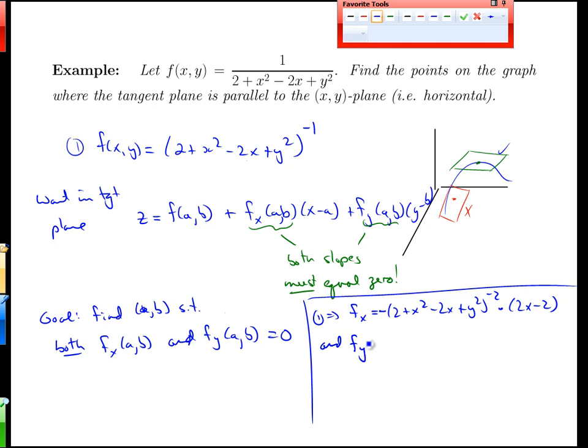Also, the y derivative: notice the derivative of anything to the negative 1, if it has a y in it at all, will be the same thing, negative times the whole thing, times the y derivative of the inside. No y, 0. So those are all 0 derivatives, and then 2y as the last point. All right, let's just do this on the next page for clarity here.